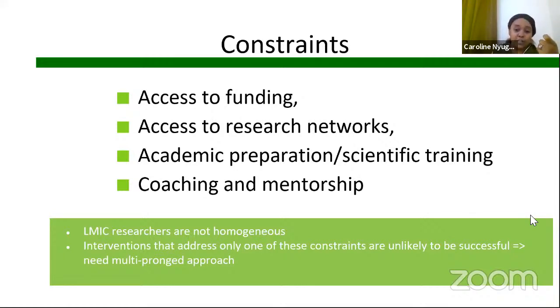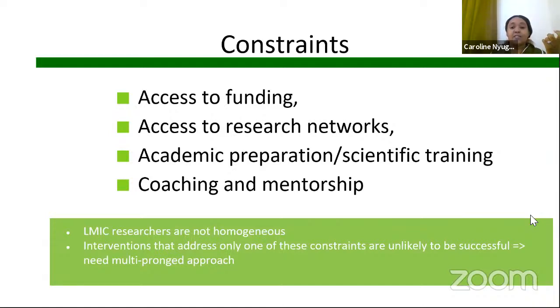Another constraint is lack of research networks. At IPA, to be honest, we simply don't know enough researchers in the countries where we work. Where we do know the researchers who are interested in pursuing development research, or rather those who are well known, we find that they're saturated with requests for engagement in projects.